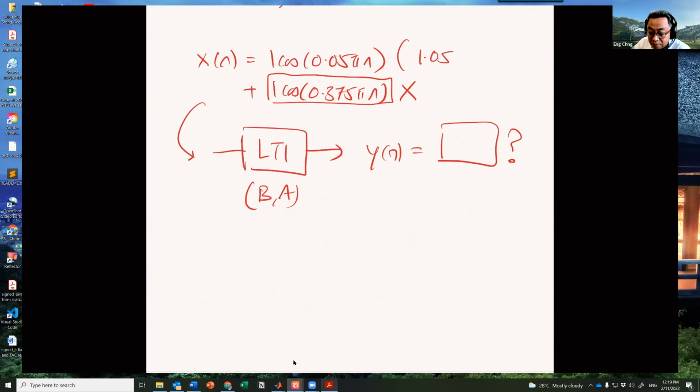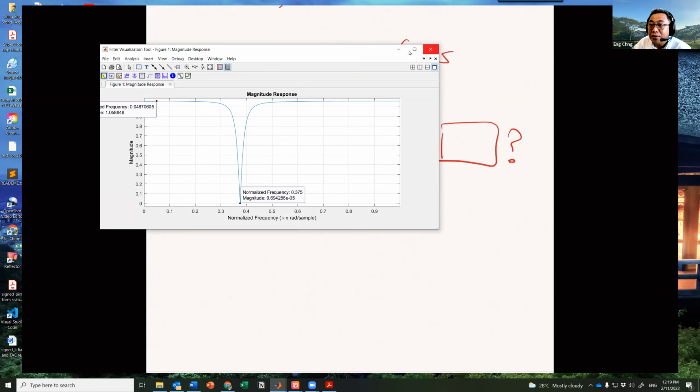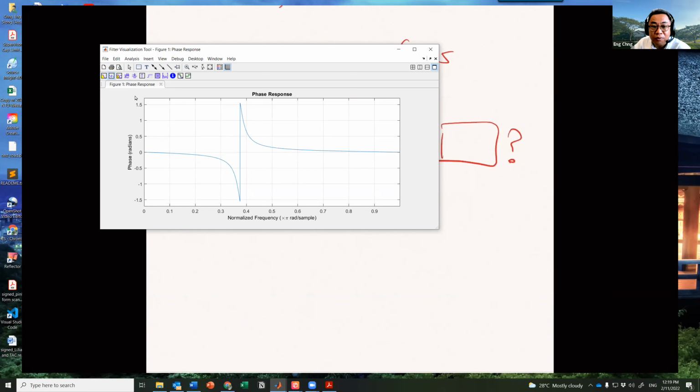Can you see? At frequency 0.05 pi, he's multiplied by 1.05. His phase is shifted by minus 0.03 radian. So the answer is 1.05 cosine of 0.05 pi n minus 0.03 radian. That's my output.